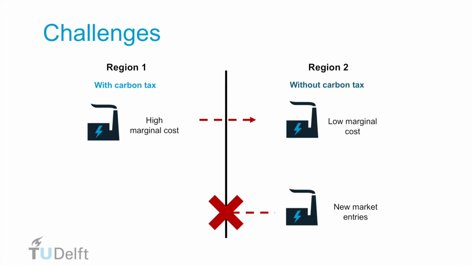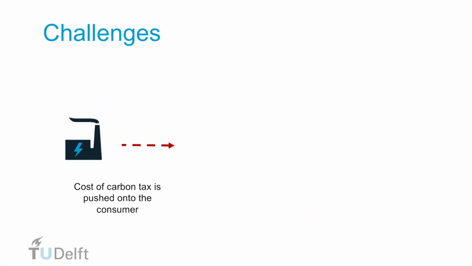Just as a carbon tax can drive out competitors, it can also prevent other companies from entering the market in that country. It therefore also affects the competitiveness in that region. A carbon tax can also be regressive in terms of income distribution and social welfare.